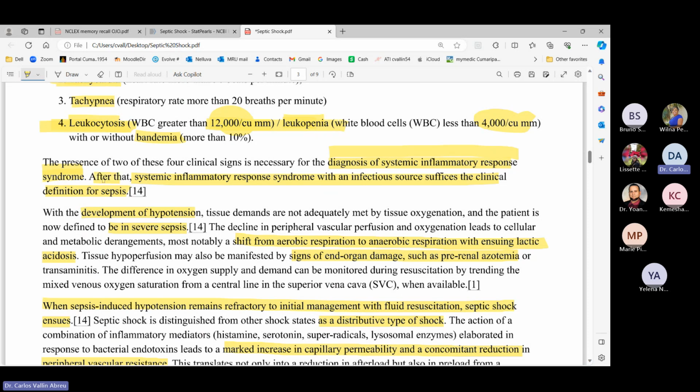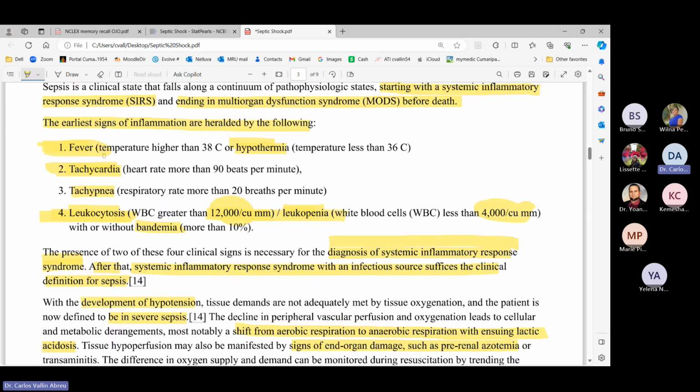After that, notice that I'm presenting to you the literature that confirms it is a sequence. You start with an infection that is localized. Then this infection is severe enough to disseminate and produce a systemic inflammatory response syndrome, which can be suspected by those parameters: fever or hypothermia, leukocytosis or leukopenia, tachycardia, tachypnea.